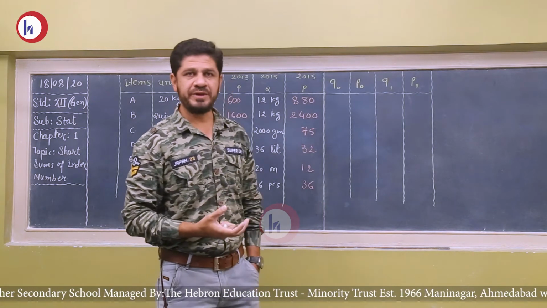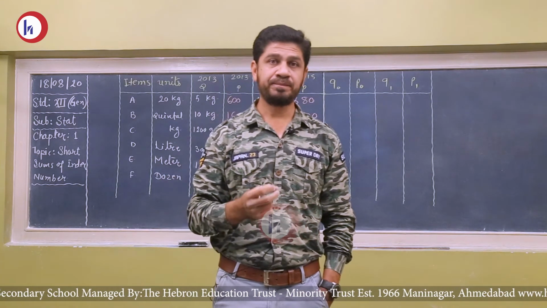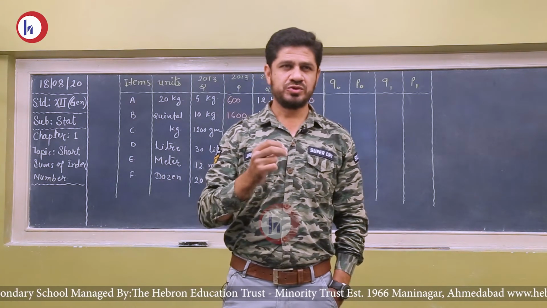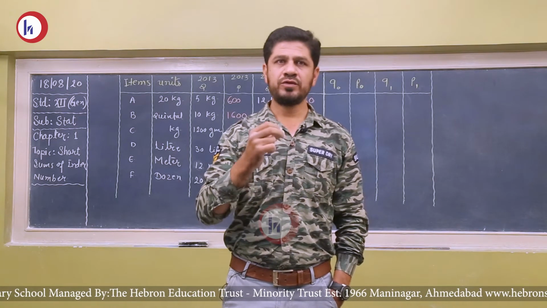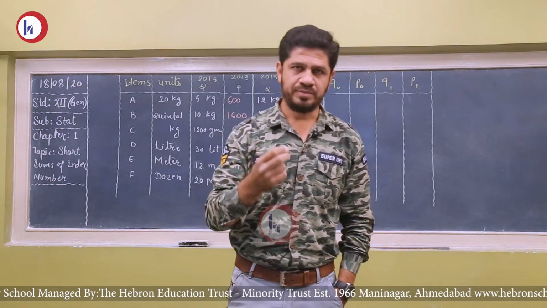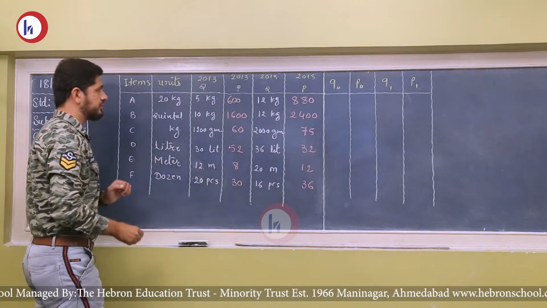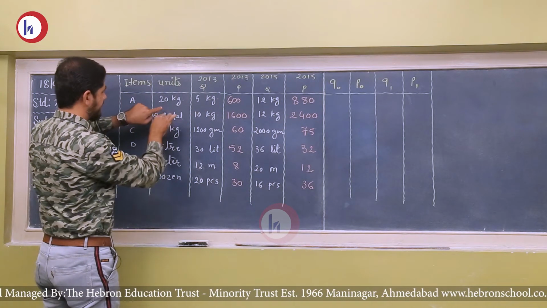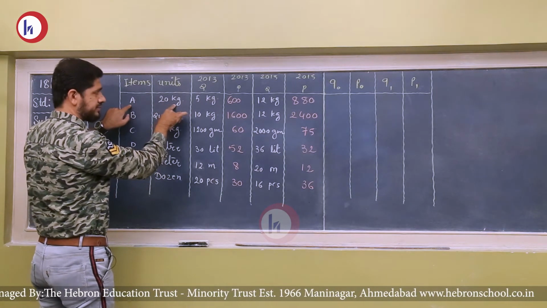The quantity should be total quantity and the price should be per unit. So our price would be per kg or per meter or per liter, like this. Now see, the unit of item A is kg.